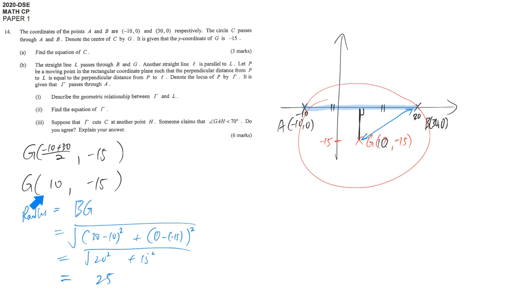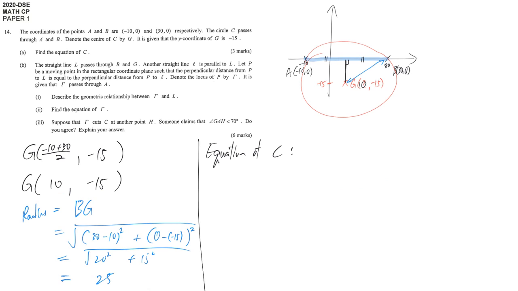And then to write down the equation with a center and the radius is easy. For the equation of a circle, we have a general point, and from the general point to the center, the distance is always fixed. So (x minus 10) squared plus (y plus 15) squared should equal the radius squared.